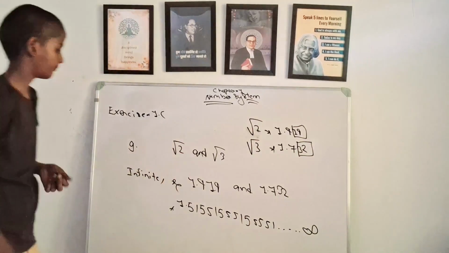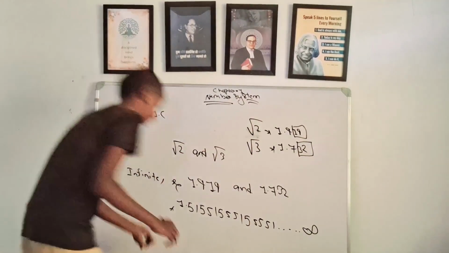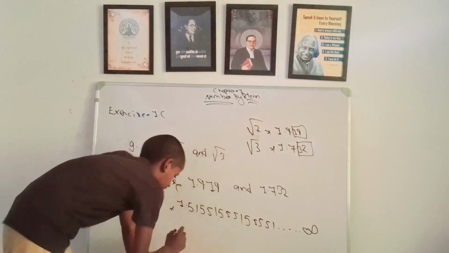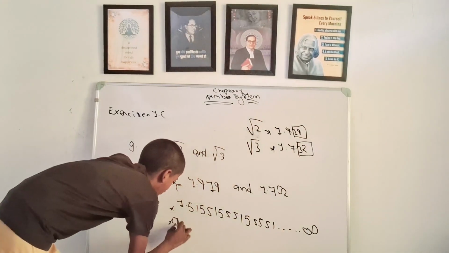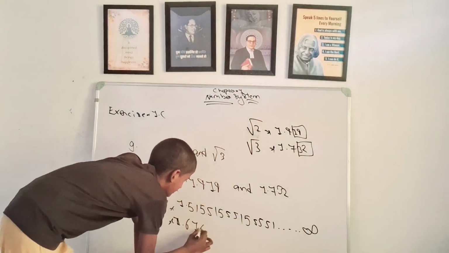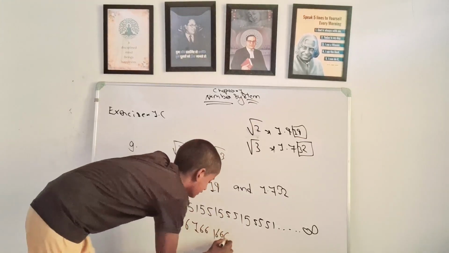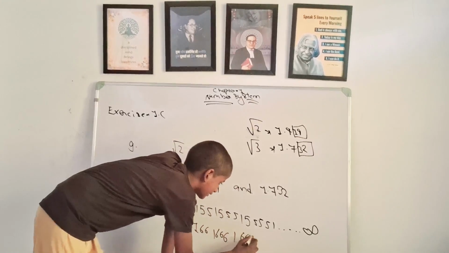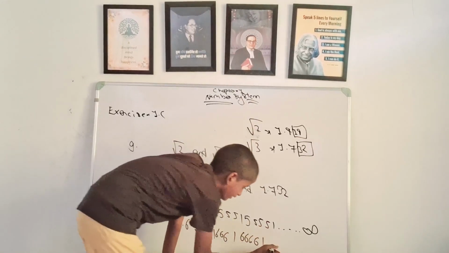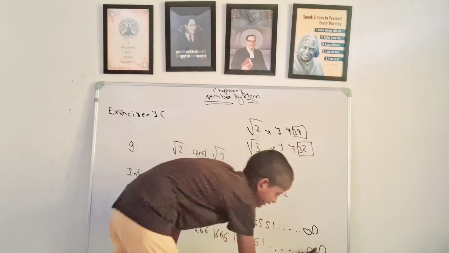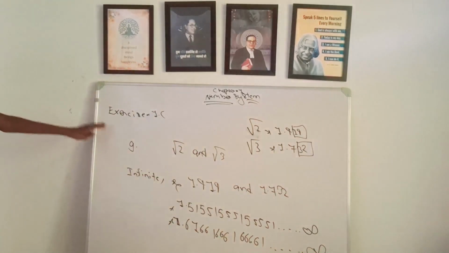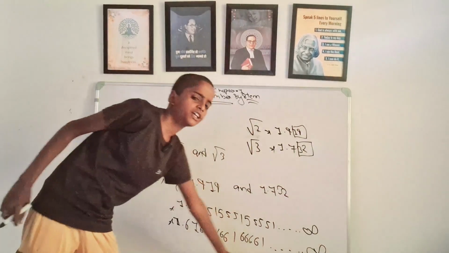Second number? What is the second number? 1.6166, after that 1.61666, then dot, infinite. In this question many irrational numbers fit.